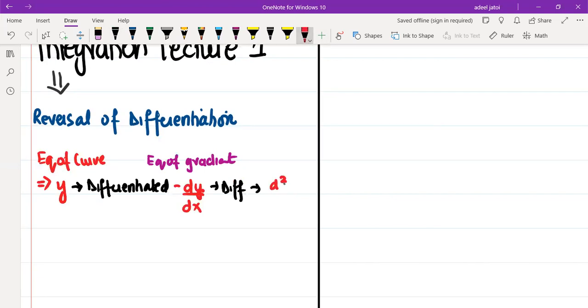Now again, when this will be differentiated, we used to get d2y upon dx square. And this used to tell me the nature.